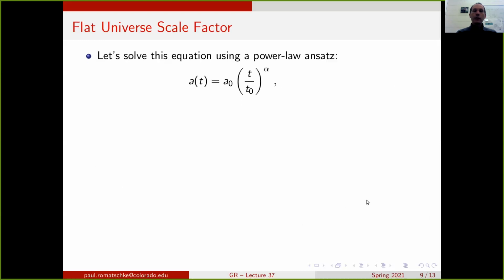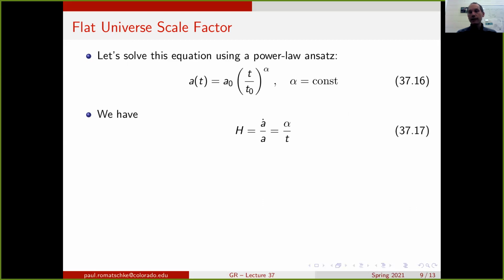A straightforward way to solve this equation is to use a power law. So we will use the ansatz where the scale factor is parameterized as a constant times the ratio of t over t naught to an arbitrary power alpha, where alpha is taken to be constant. So in terms of this ansatz, H, which is a dot over a, becomes simple.